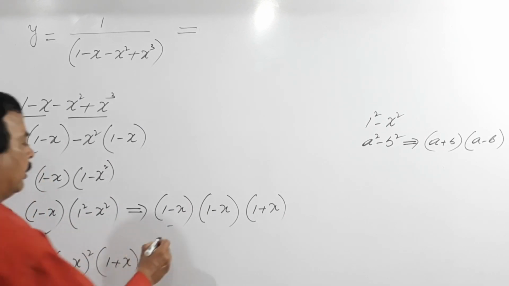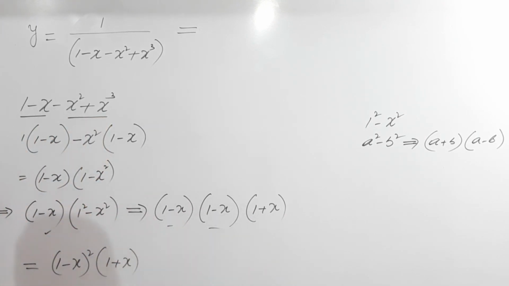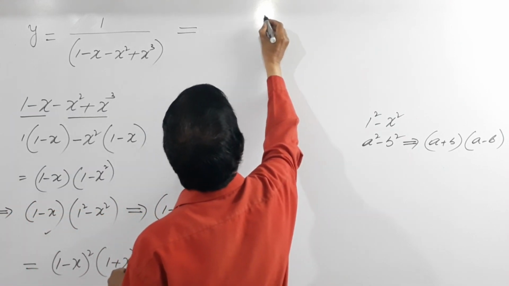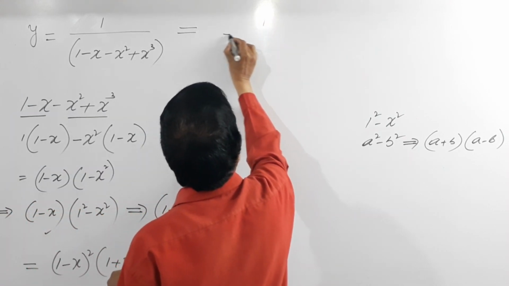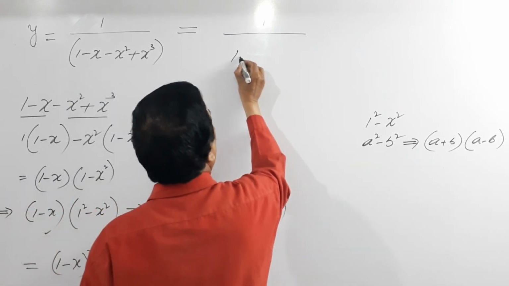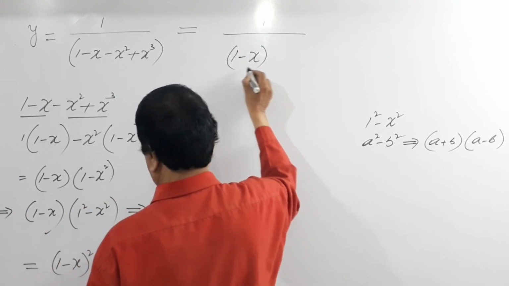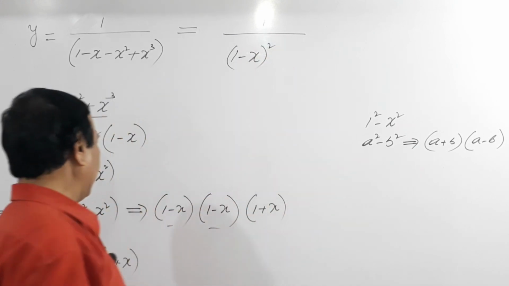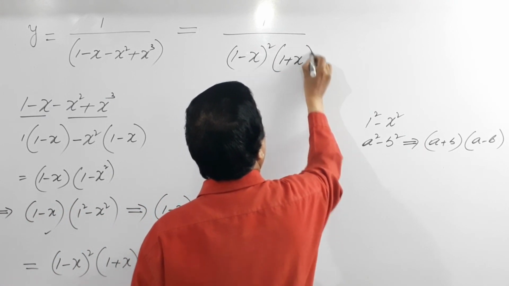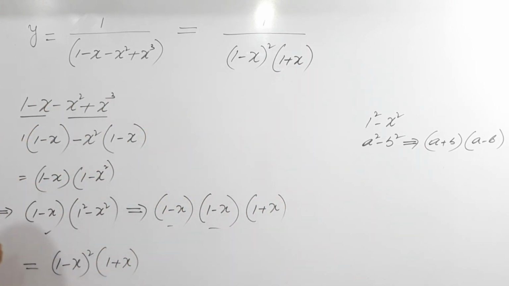Because we have 1 minus x, 1 minus x. So that is nothing but 1 minus x the whole square into 1 plus x. So this will be nothing but 1 by 1 minus x the whole square into 1 plus x. I got this.